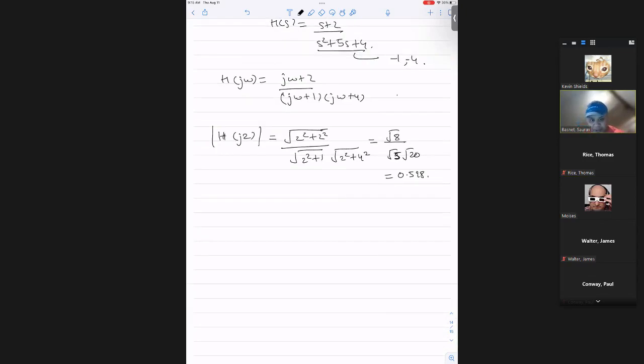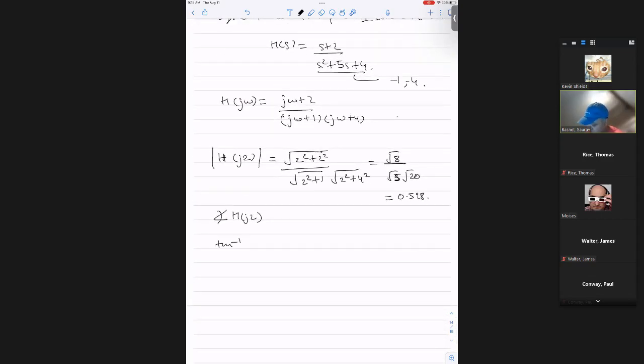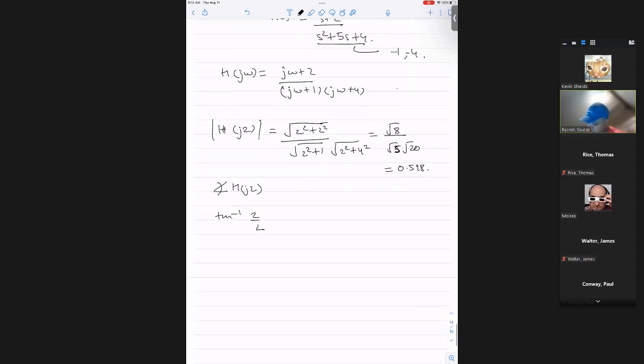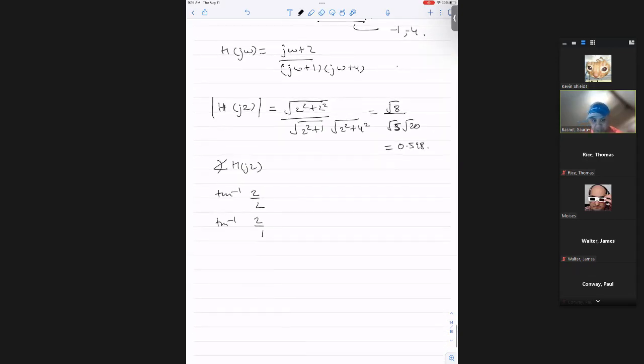So to find the angle of H(j2), you need to find the angle of this one, right? So it would be tan inverse of 2 by 2, because omega is 2, or omega by the constant term. Tan inverse 2 by 1, and then tan inverse 2 by 4.